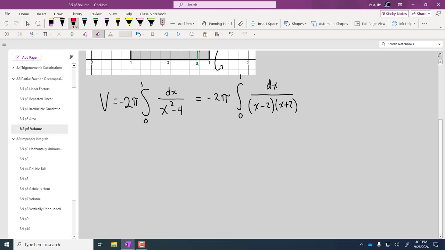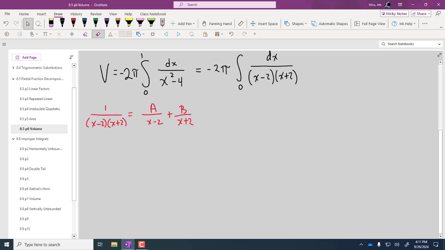Let's take the integrand, and we're going to do PFD with 2 linears. These are going to feel real easy now. That's going to be a over x minus 2 plus b over x plus 2. We generate our PFD equation by multiplying by the left denominator.